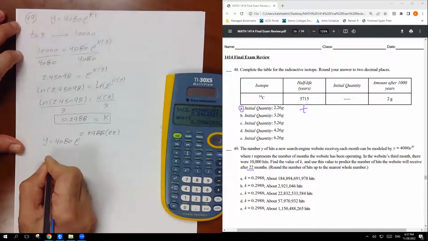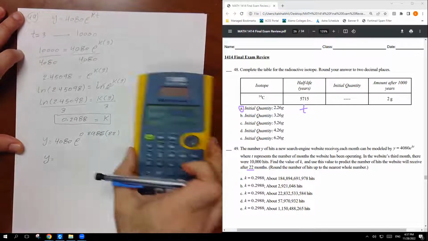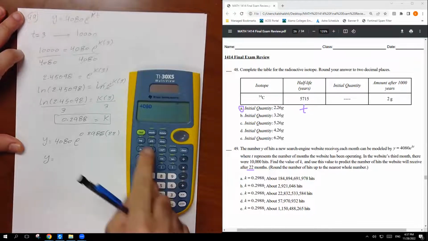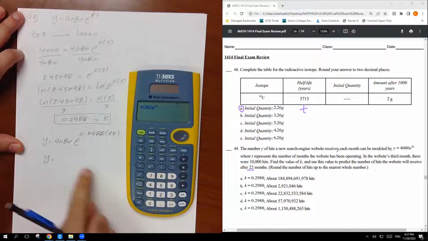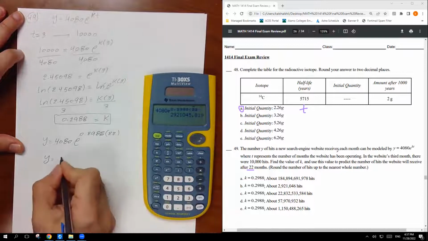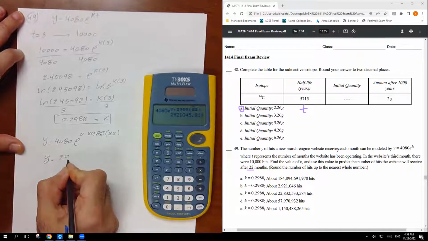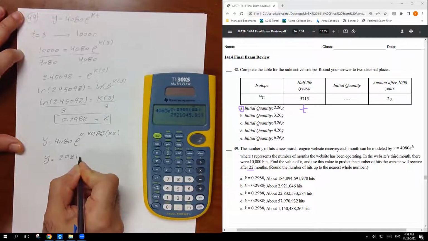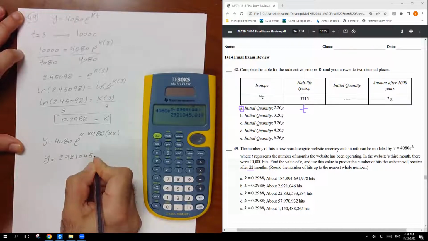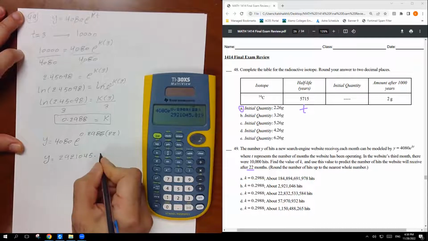That means Y is going to be equal to 4,080, second function, ln, e to the power 0.2988 times 22, and it's going to be 2,921,045.81.